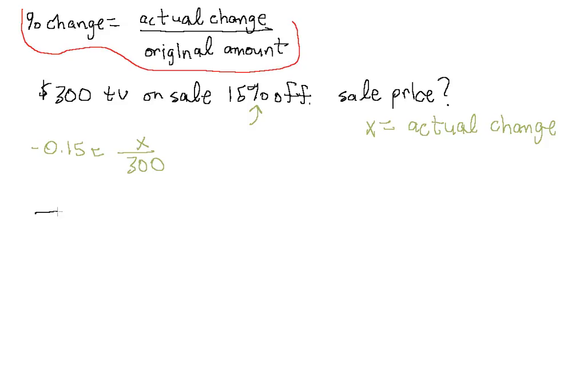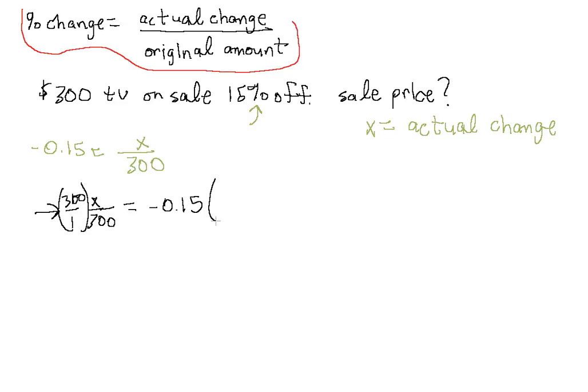Okay, we have an equation to solve, so we have x over 300. I like having our variable on the left side, and we want to get everything else on the right side: minus 0.15. We can isolate x by multiplying by the reciprocal. The reciprocal of 300 over 1 is 1 over 300, excuse me, the reciprocal of 1 over 300 is 300 over 1.